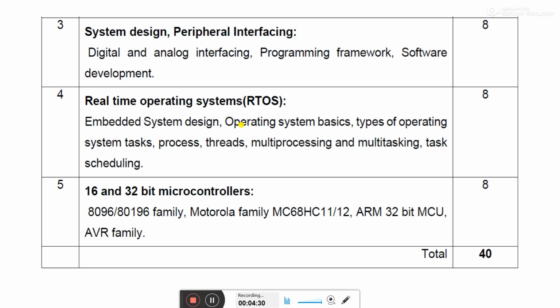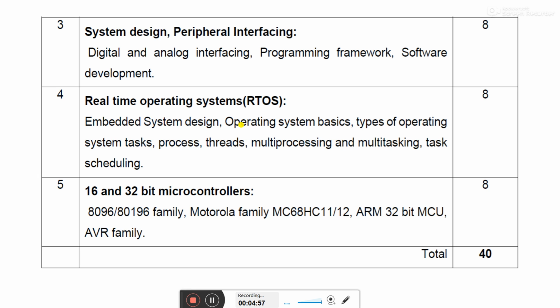We will learn about these types of systems and how we can work on them. Here we will learn the basics of operating systems, types of operating system, tasks, processes, threads, multiprocessing and multitasking, and task scheduling. All these things we will learn in unit 4, real-time operating system.